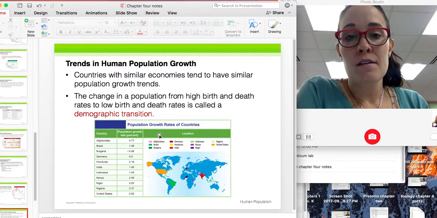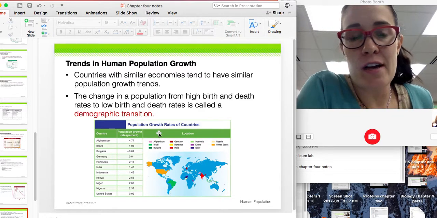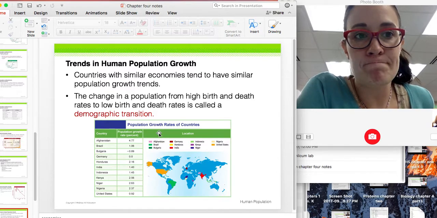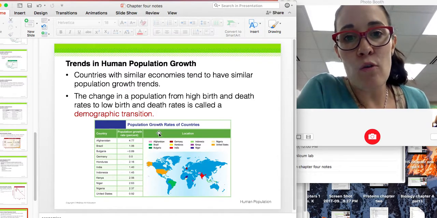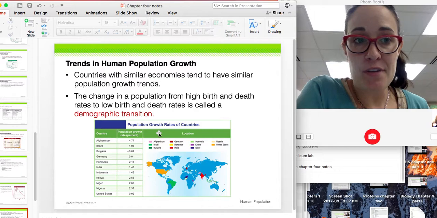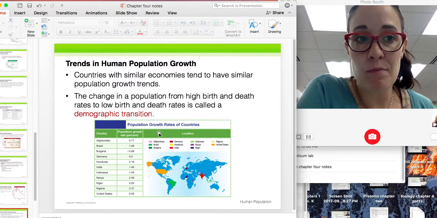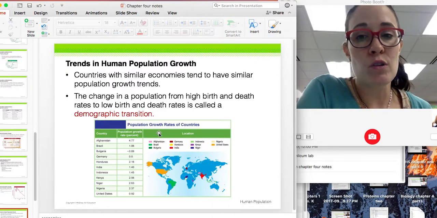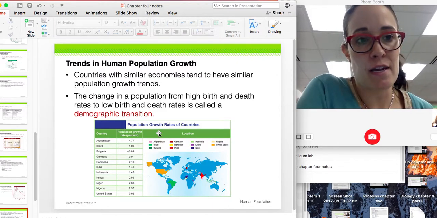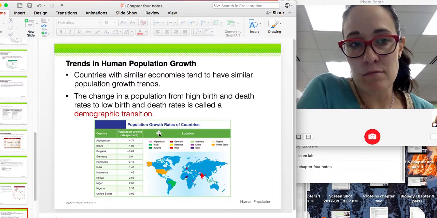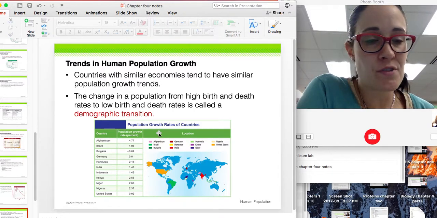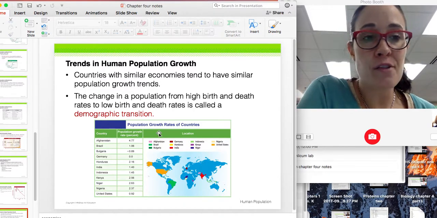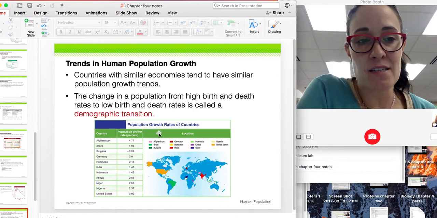Okay. There's something called a demographic transition in different countries, where they go from high birth and death rates, so a lot of babies being born and a lot of people dying earlier, to low birth rates and low death rates. And America's in that right now. We don't have as many births compared to other countries, and our death rates are lower because we have better access to medicine.